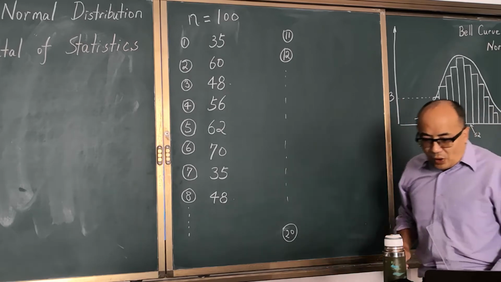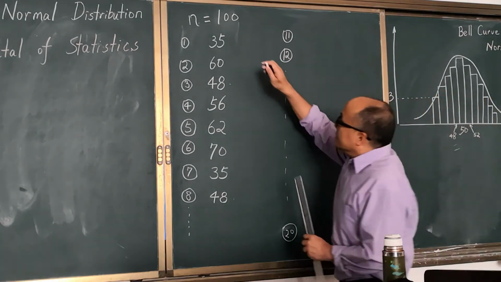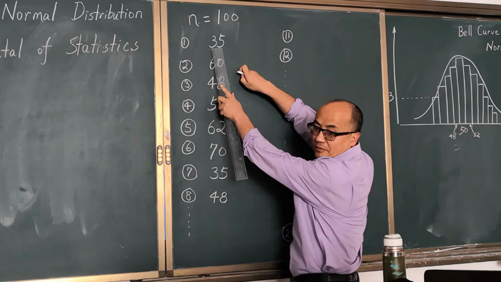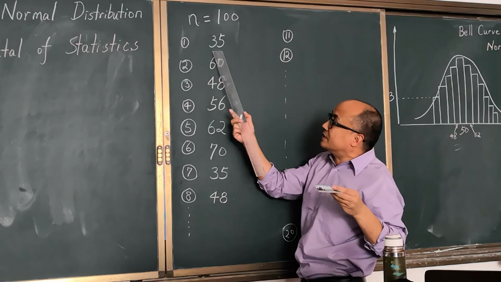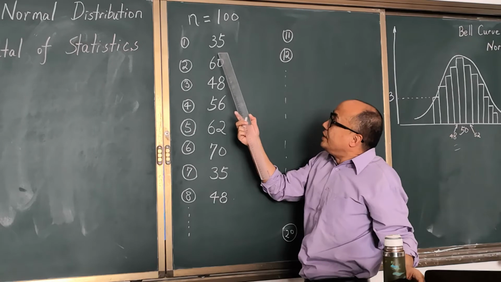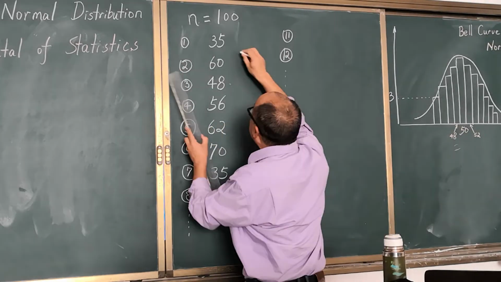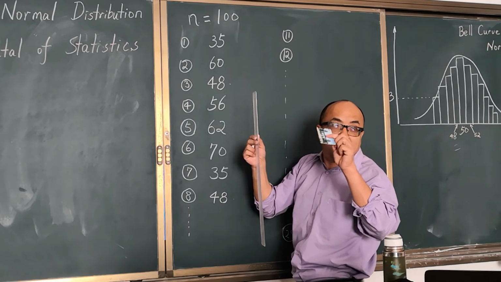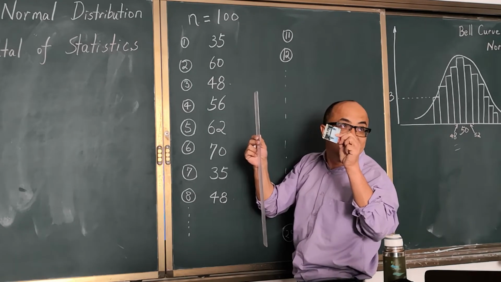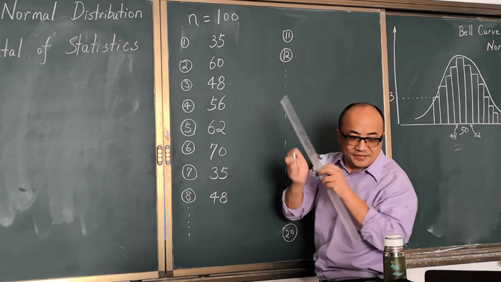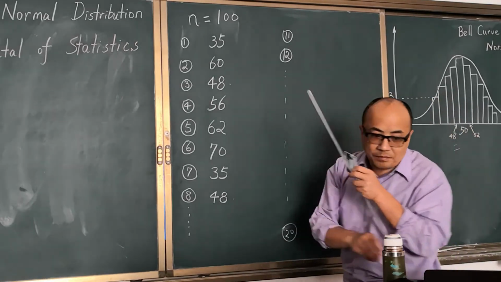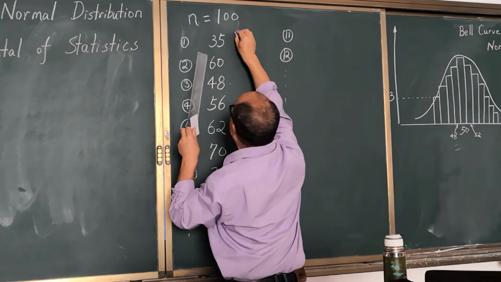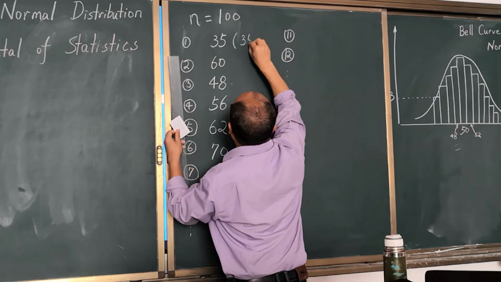The reason I made it 100 is, for the first experiment, we get 35 students with a head. What's the probability of getting a head? It's 35 divided by 100, okay? It's 35%.